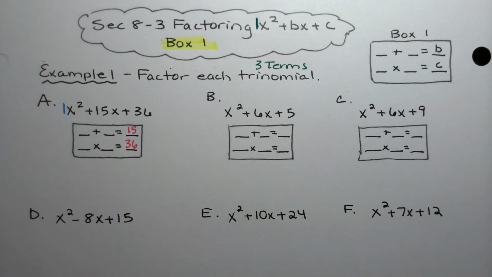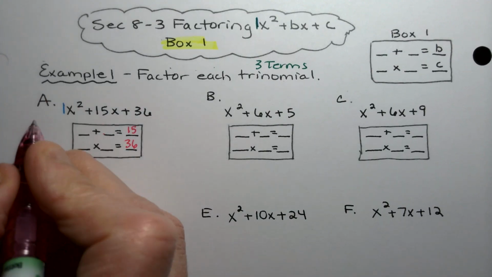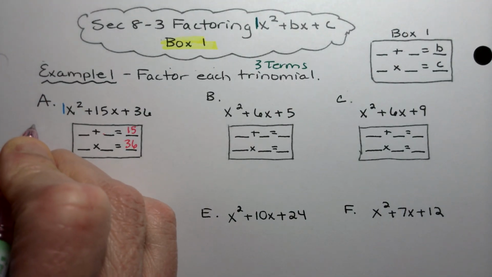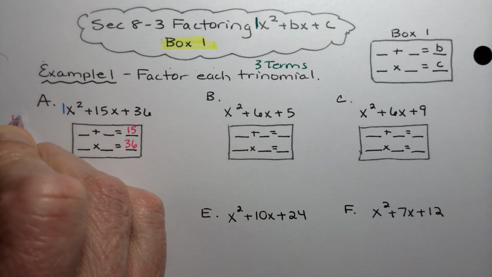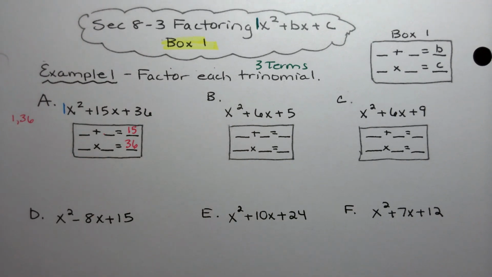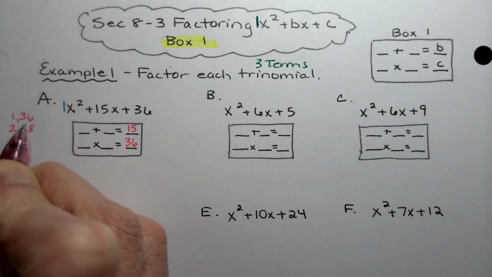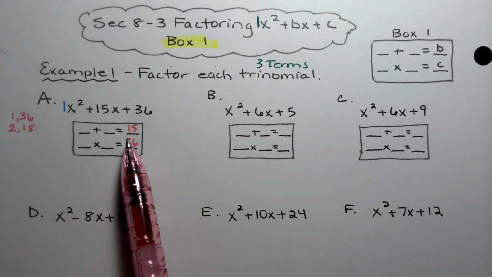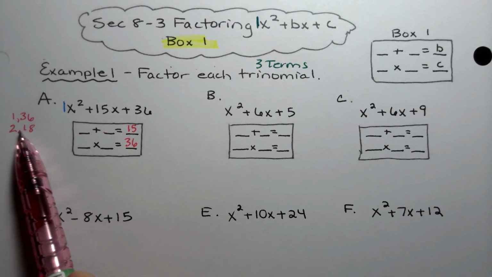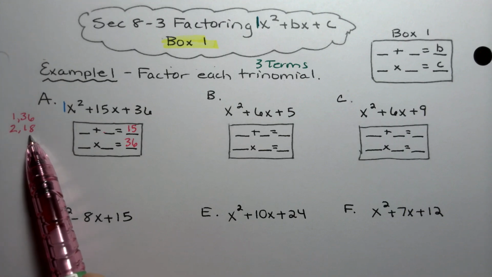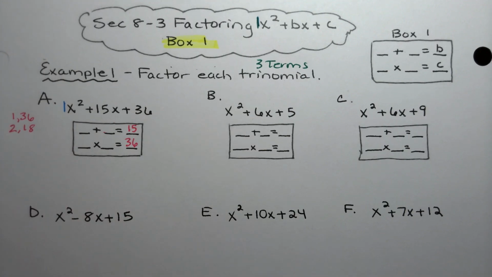Sometimes if it's hard to think of them, you can start a little list off to the side here. So like 1 and 36. That's one pair, right? 1 times 36. How about 2? 2 and what? 18. And you're kind of going down this chain until you find things that when you add them, you get that number.